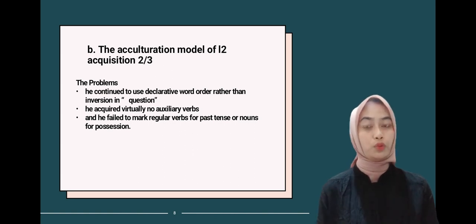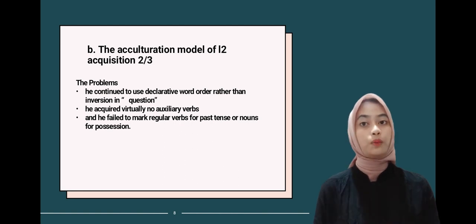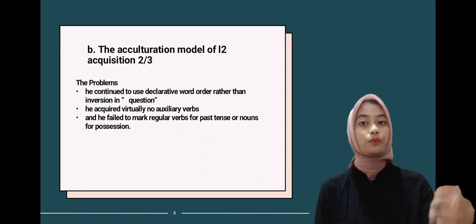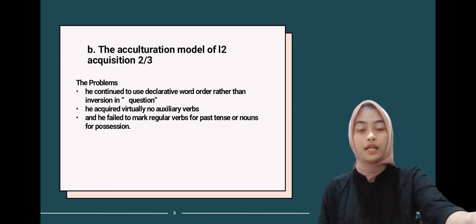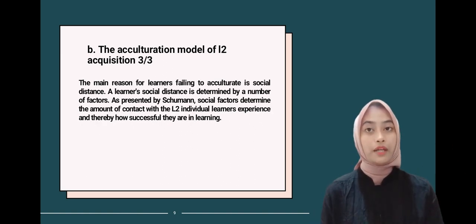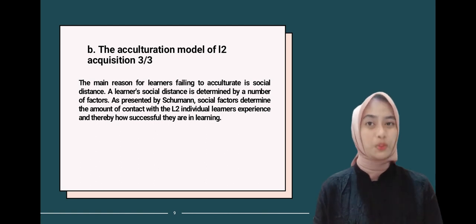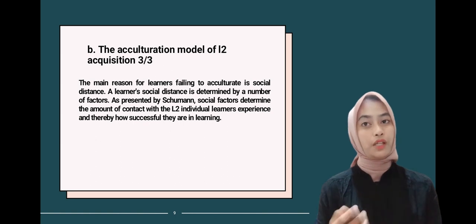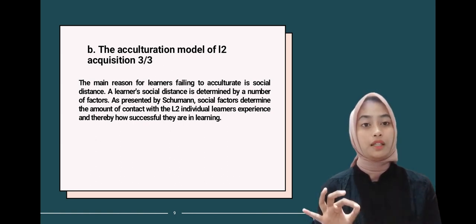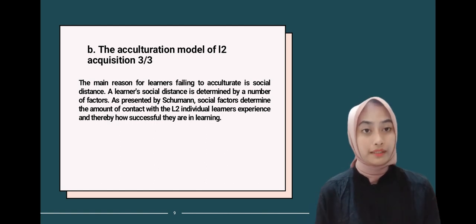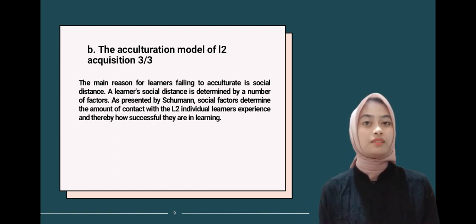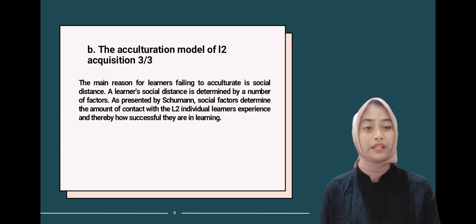He acquired virtually no auxiliary verbs, and he failed to mark regular verbs for past tense or nouns for possession. The main reason for learners failing to acculturate is social distance. A learner's social distance is determined by a number of factors, as presented by Schumann. Social factors determine the amount of contact with the second language individual learners experience, and thereby how successful they are in learning.